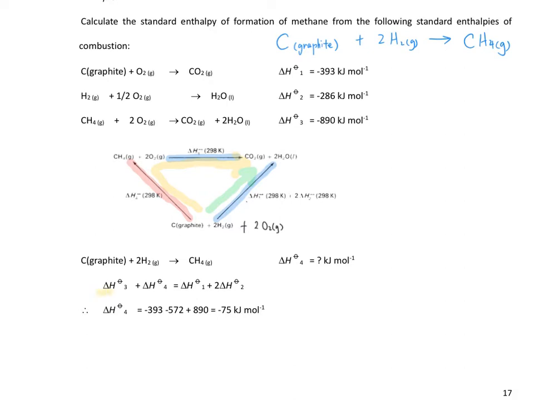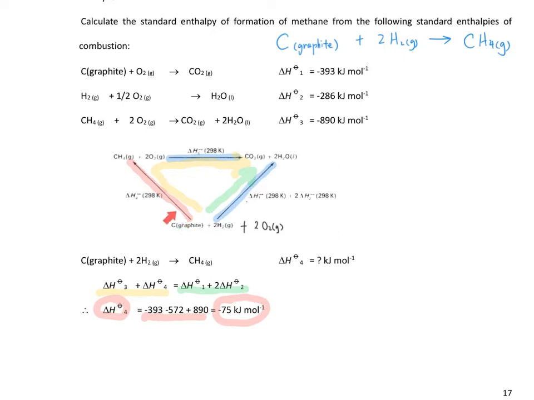Therefore, the enthalpy change in synthetic route 1 is equal to the enthalpy change in synthetic route 2. And delta H4 is the enthalpy change that we need to find. So we put in the data provided in the question, and we can find out the answer, which is the heat of formation of methane.